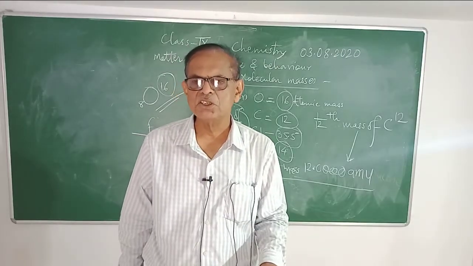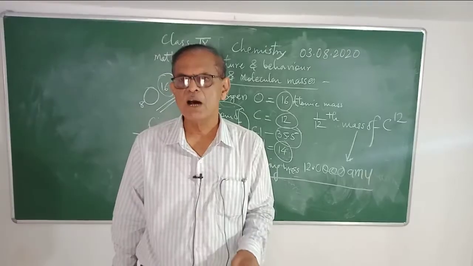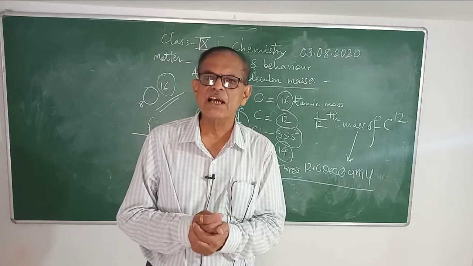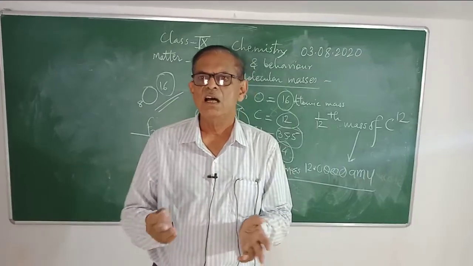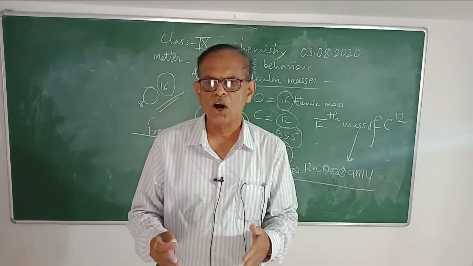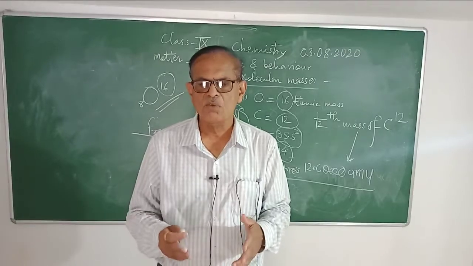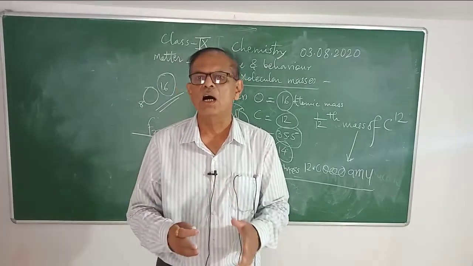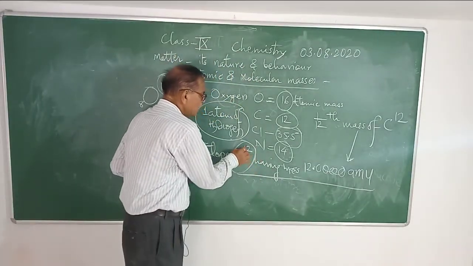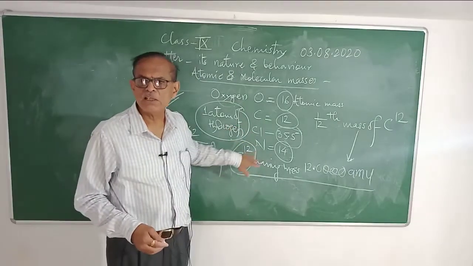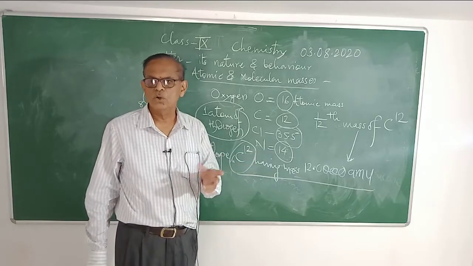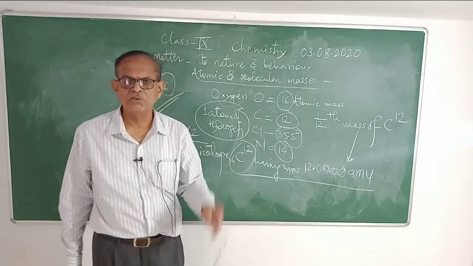Then from 1962, the C12 isotope having mass 12.000 AMU, atomic mass unit, is taken as standard, and thus we can define the atomic mass as the ratio of the mass of one atom of the given element to the 1/12th mass of C12. 1/12th of C12 means 1.